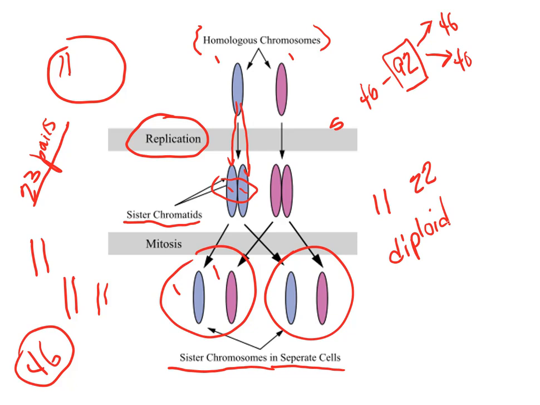However, when the cell is fertilized, so we have a sperm cell, and that sperm cell is going to fertilize an egg. This sperm cell here is actually haploid. And this cell here, the egg, is also haploid.